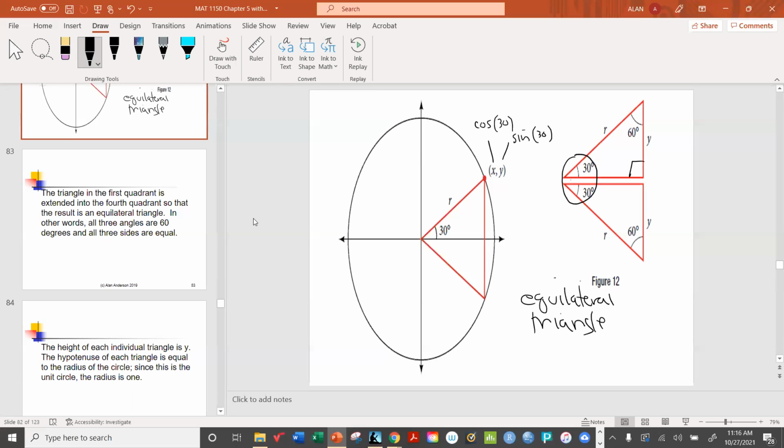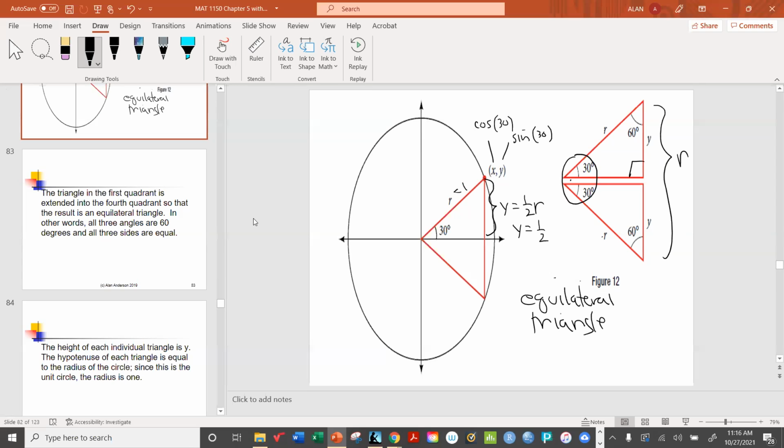So you've got 60, 60, 60, and that means the sides are R, R, and R. Okay, and then that also implies this is Y. Y is actually 1/2 of the radius of the circle, which means it's equal to 1/2. R is 1.